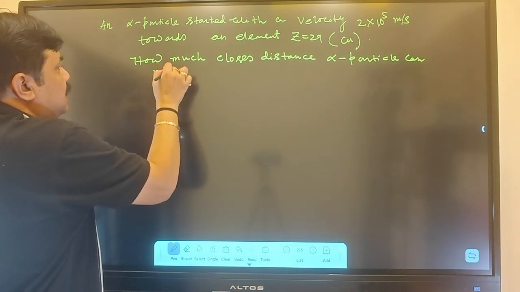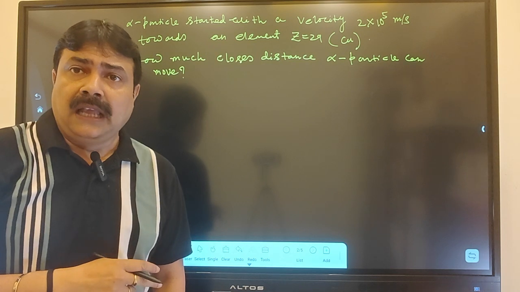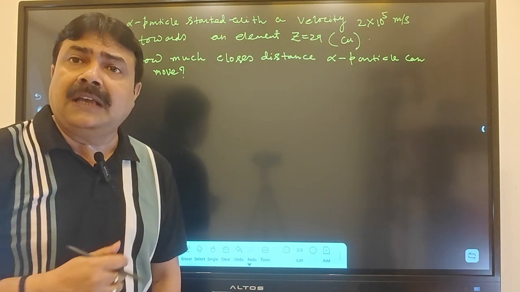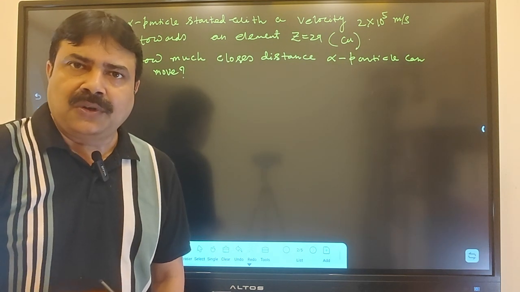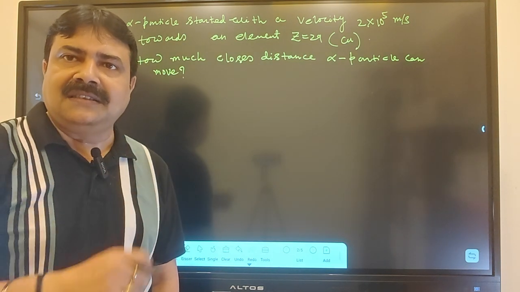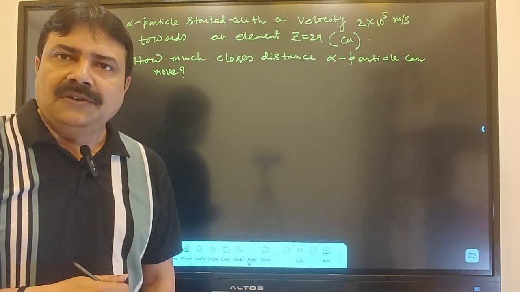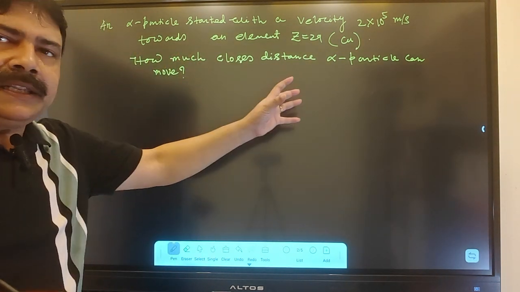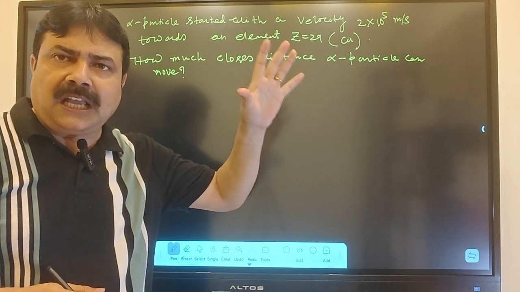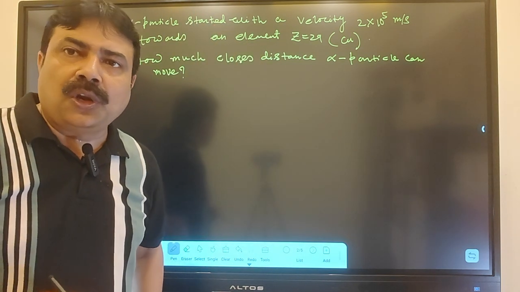Why are they asking this question, my dear student? Because the alpha particle is a positively charged particle and the nucleus of any atom is also positive, so there will be repulsion, you know very well. Like charges repel, unlike charges attract: positive-positive repulsion, positive-negative attraction. The alpha particle is a helium nucleus, with 2 units positive charge and 4 units mass, that means 4 times the mass of 1 proton or 1 neutron.